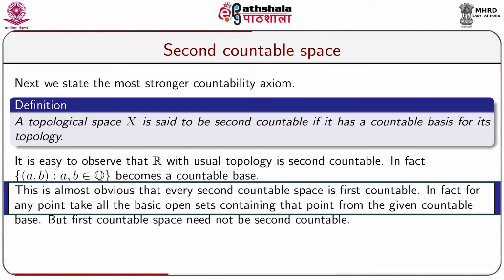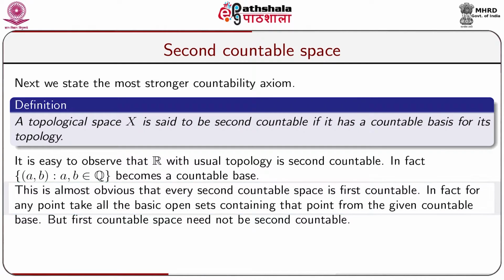In fact, if X is second countable, then it has a countable basis, say Bn. Now, if small x is a point in capital X, then take all the Bn's which contain small x. This gives the countable local base at small x.